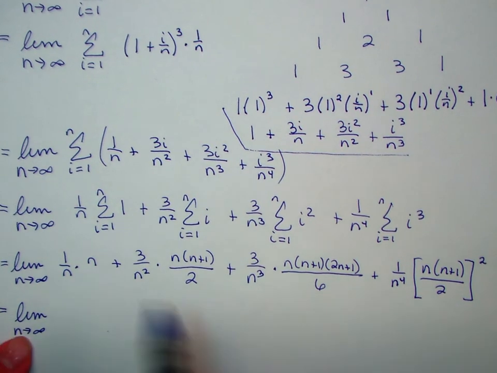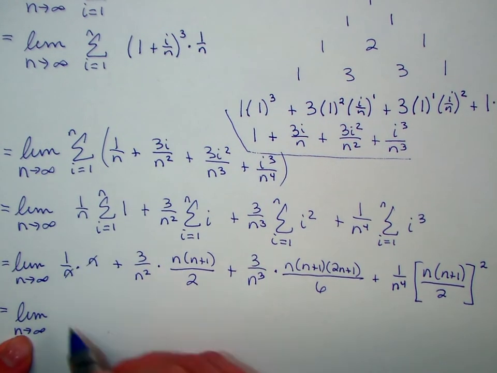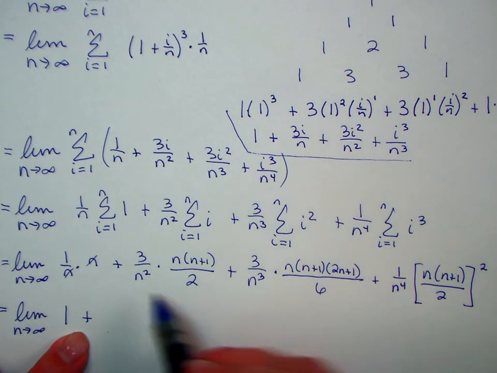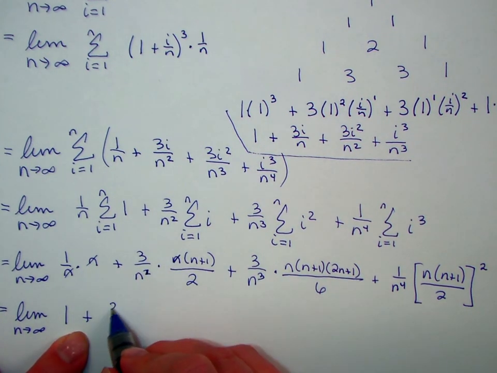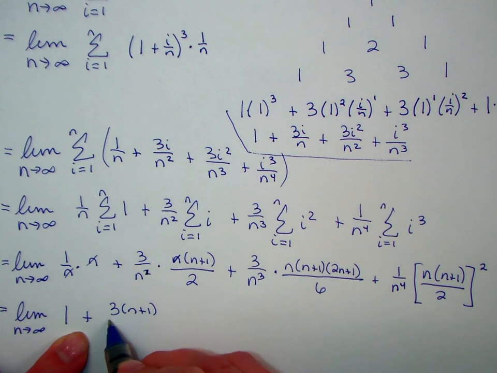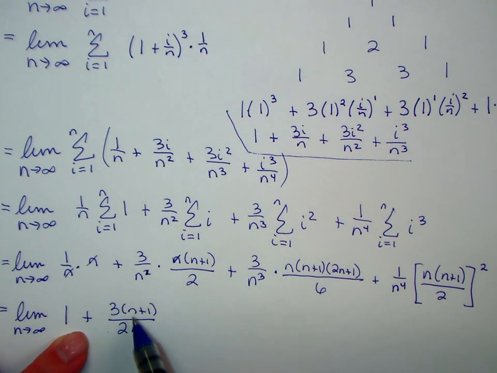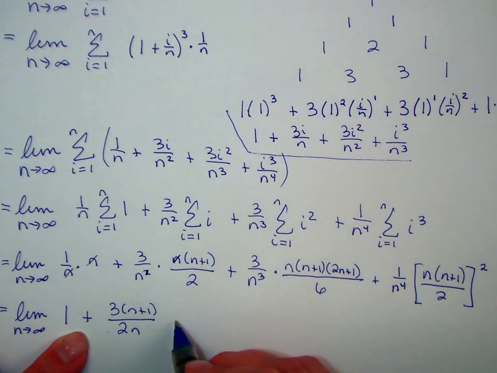Cleaning up the first term, I can let the n's cancel and I'm just left with 1. Cleaning up the second term, I can let 1 n cancel and I'm left with 3 times n plus 1 over 2n. Notice that the degrees are the same here. So evaluating the limit is going to be pretty simple.